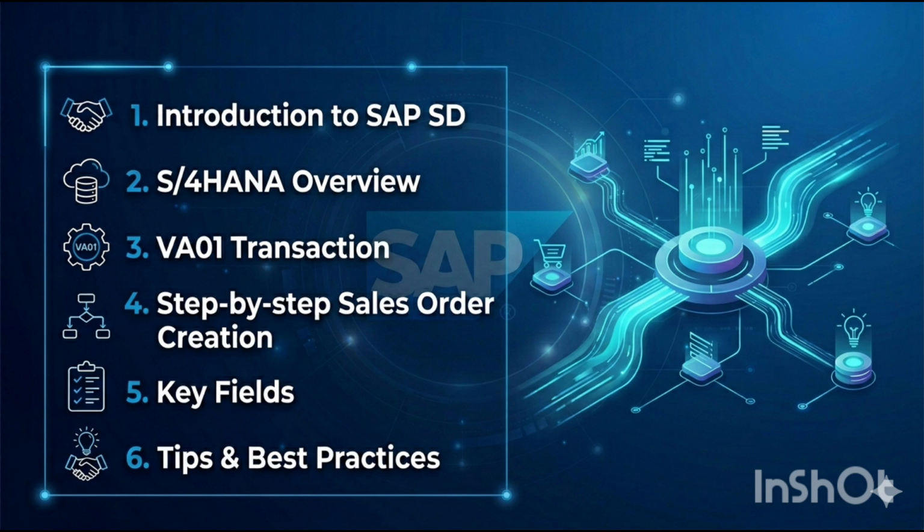Next, we will explore the key features of SAP S/4HANA 2026 and how it has evolved. Then we will deep dive into the VA01 transaction, starting from how to launch it, understanding the initial screen, entering customer and header data, adding materials and items, important configuration fields, pricing basics, and finally saving the sales order.